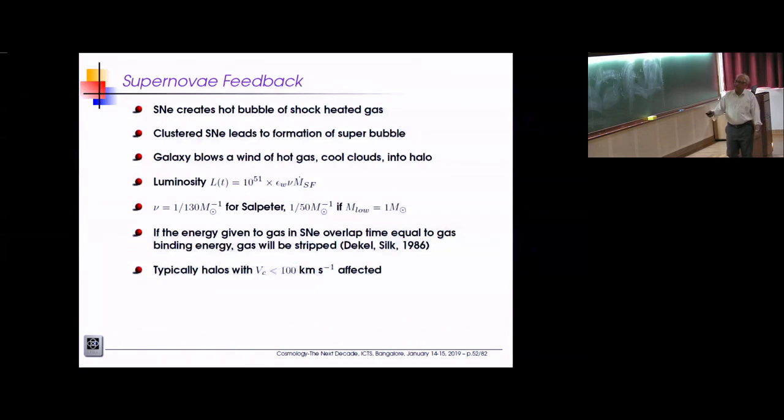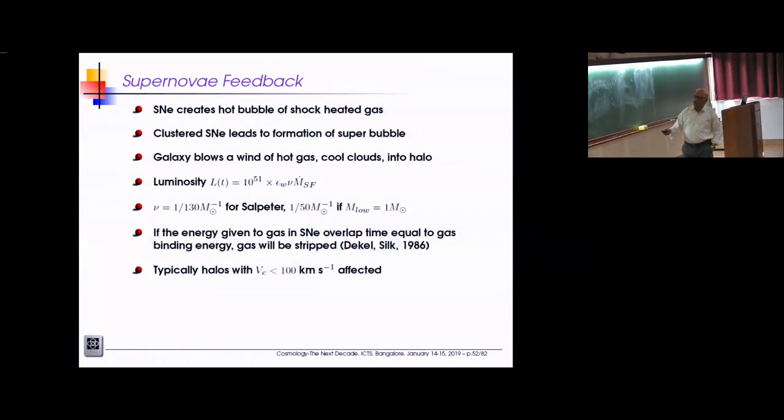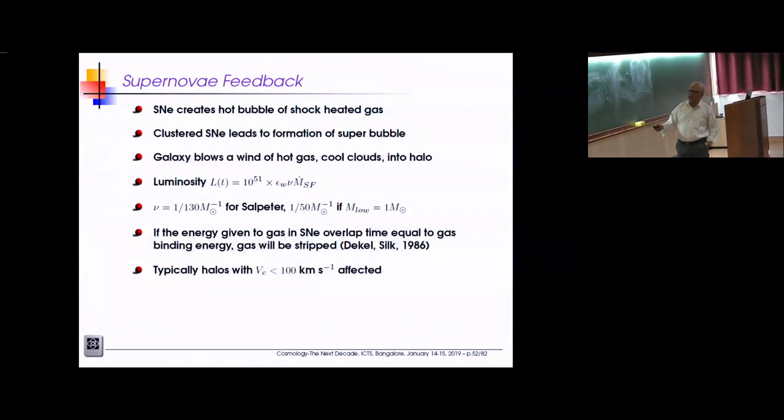And if you take a different stellar mass function, where you have a lower mass cutoff of 1 solar mass instead of 0.1 solar mass, which is the Salpeter one, you can see that there is almost a factor of 3 increase in the number of supernovae that you can get per unit solar mass of stars formed. So the feedback also depends upon what initial mass function of stars you assume.